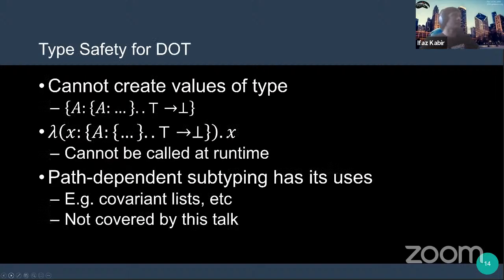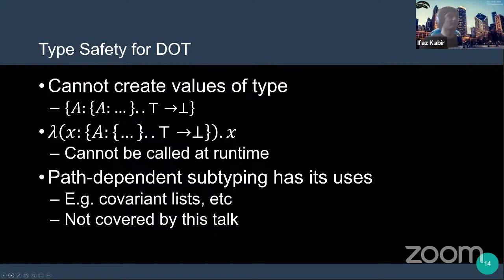But despite all of this craziness, Dot is still type safe, because in Dot we can never create objects which have type members with these wild upper and lower bounds.